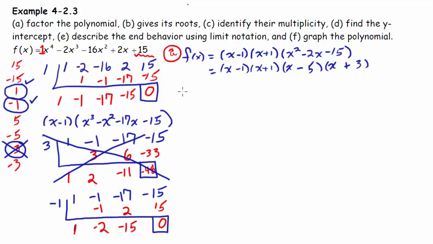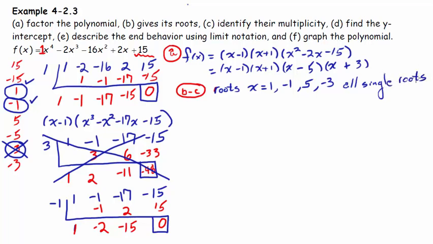Alright, now for part B and C, we can go from the factors to the roots, and we have roots of x equals 1, -1. Now if the factor is x minus 5, the root would be +5, -3. And each of these factors shows up once, so they are all single roots. Which means they're going to cut through the x-axis.